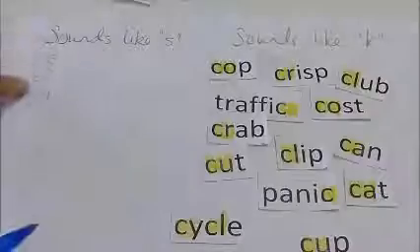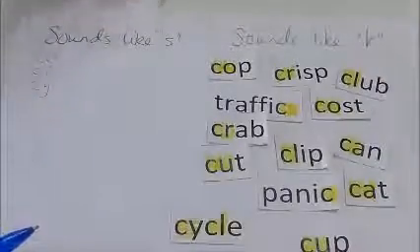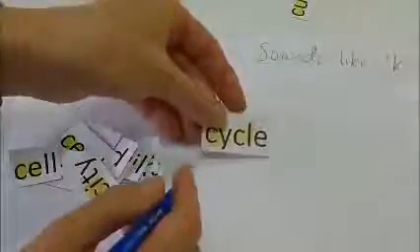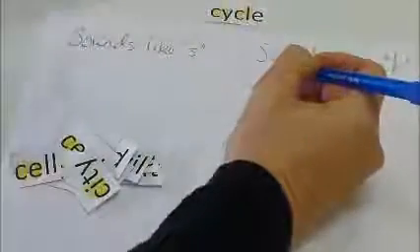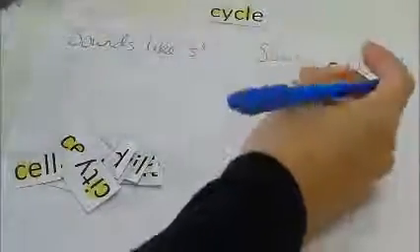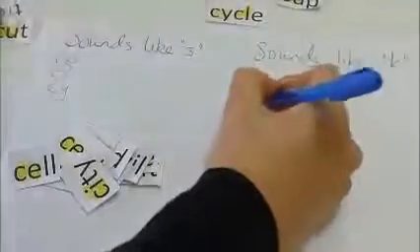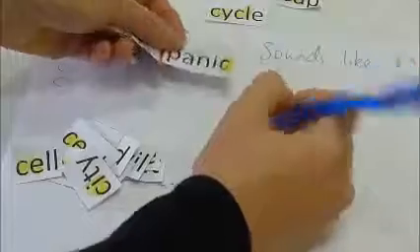So CE, CI, CY, those ones sound like S. These ones, well, there's this one we had CY, but CL, and I should put them out here, CU, and C nothing. I'll put the nothing symbol there for that one.